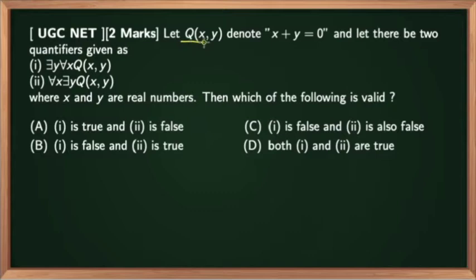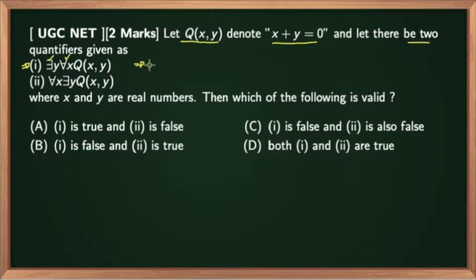Let q of x, y denote x plus y equals 0. And there will be two quantifiers. So the first one says there exists a y for all x, q of x comma y is equal to 0. So basically you can say that there exists a y, right, for all x.